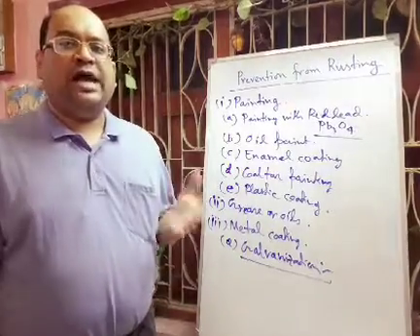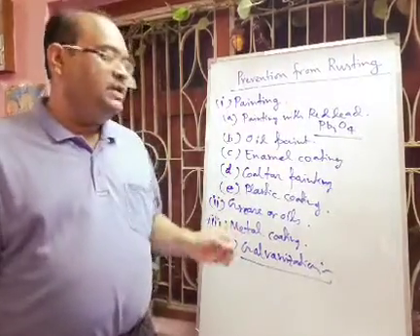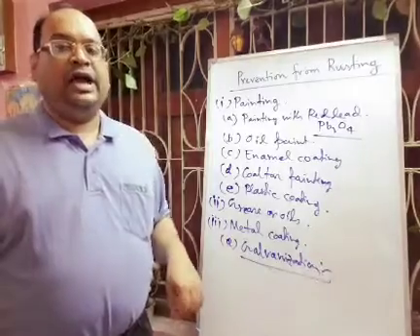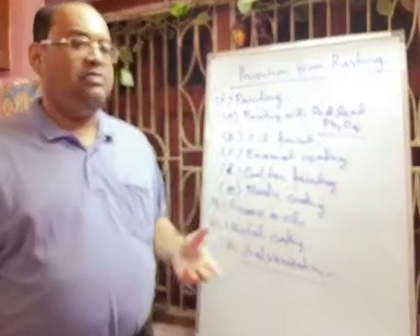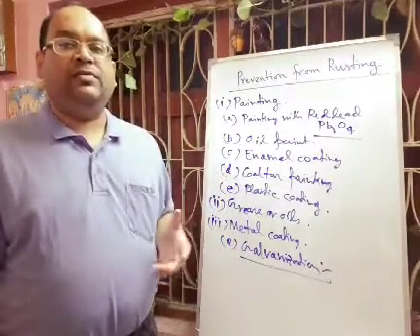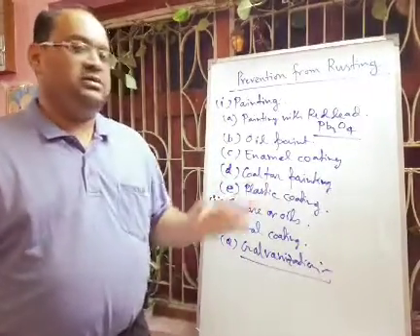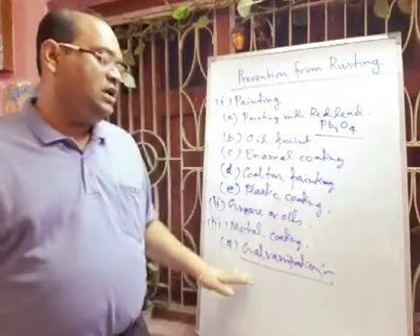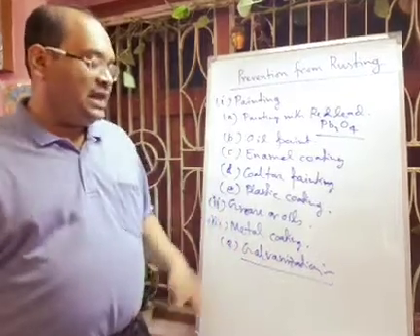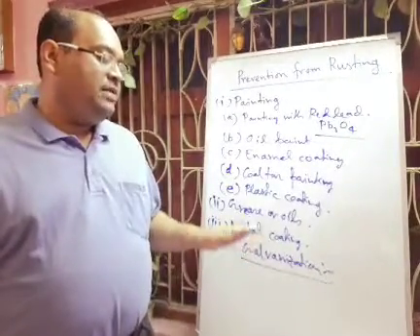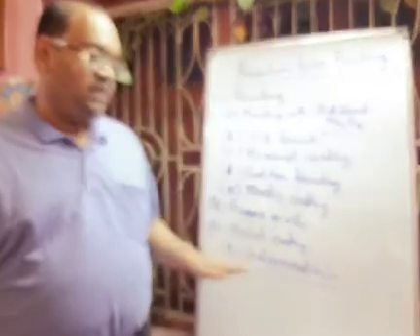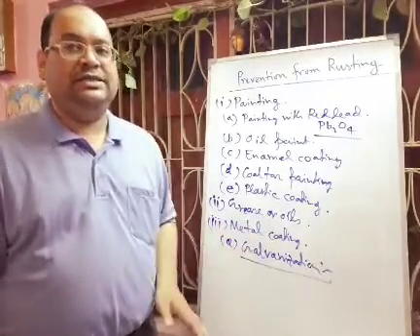You dip iron articles in molten zinc, and when you take them out and cool them, there will be a coating of zinc on the surface of the iron. This process is called galvanization, and by galvanization we can easily prevent rust on iron surfaces.